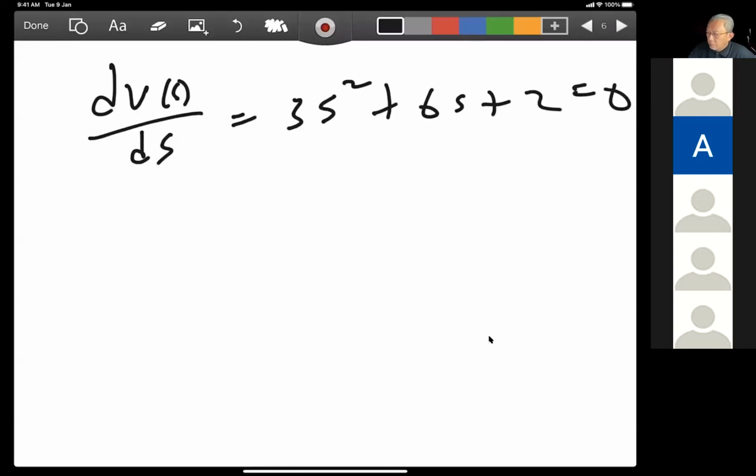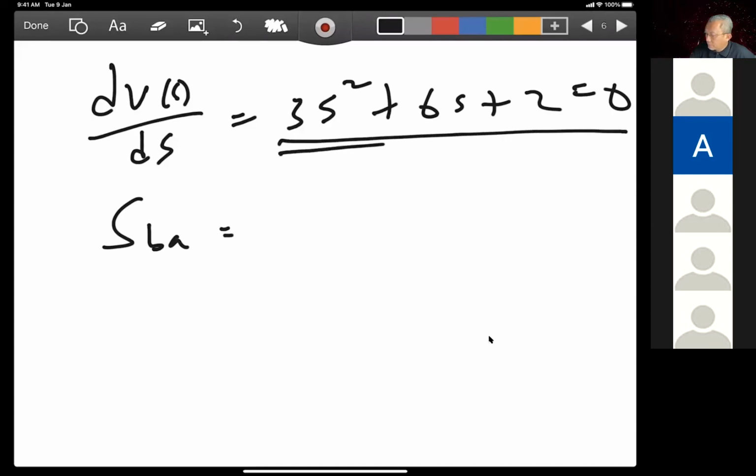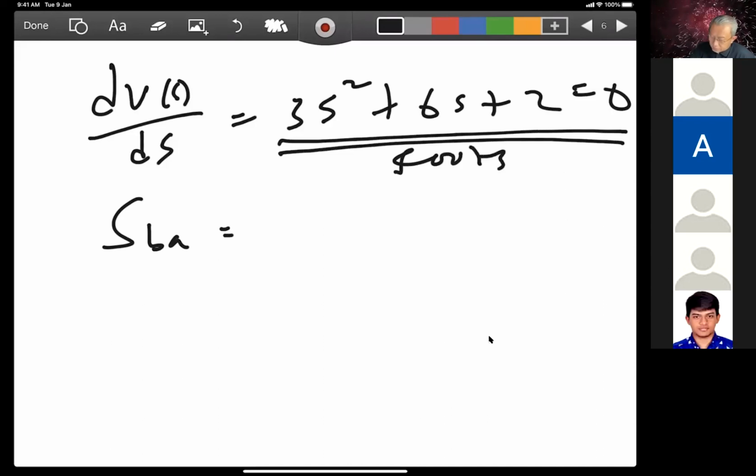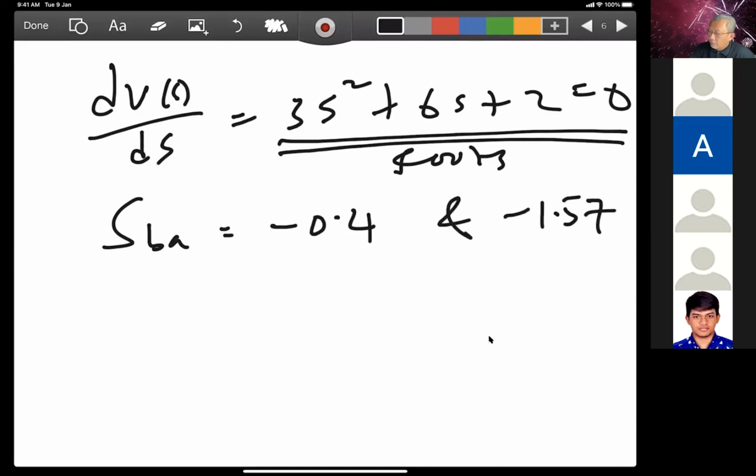Okay. So can you find the roots for this? What are the roots? Negative 0.4 and minus 1.57. Okay, so we choose this one.